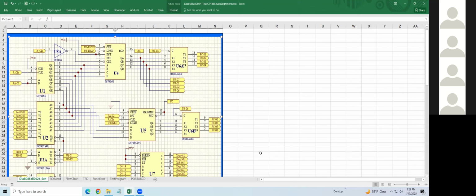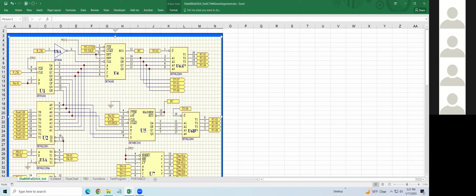I'm telling you, U2 541 is just a buffer. That means whatever you get at the input will go to the output, with U2 pin 1 and 19 must be 0.